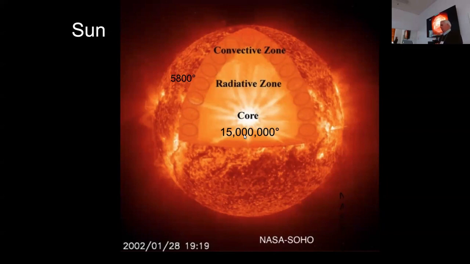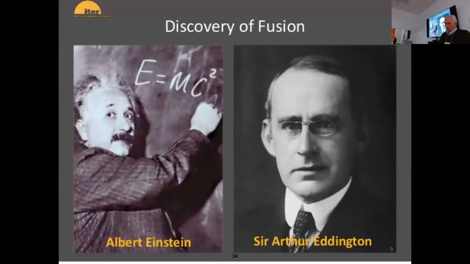That's where the 15 million degrees comes from. That's where they can overcome the electrical repulsion, and protons can get together and do a nuclear reaction. And this, just an aside, is the discovery of fusion, but that discovery kind of explains what happens.